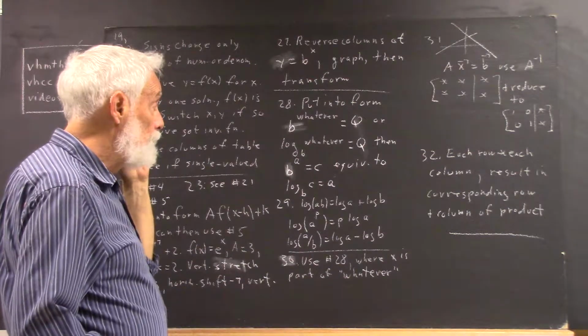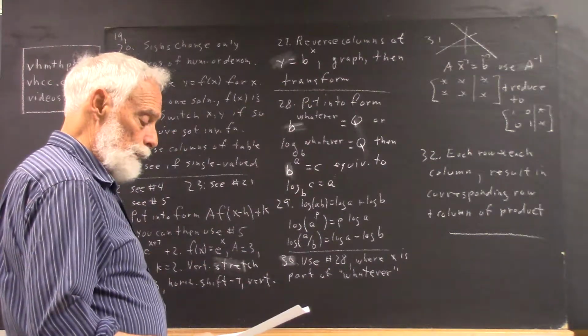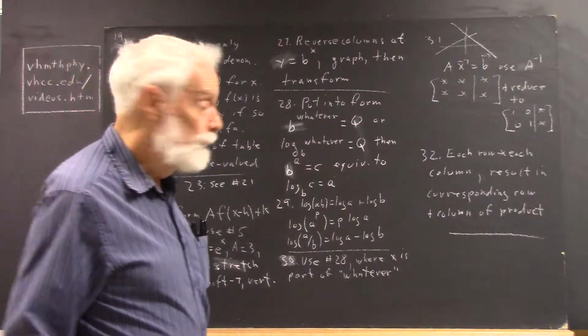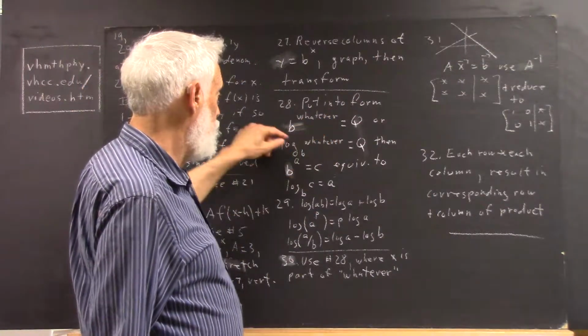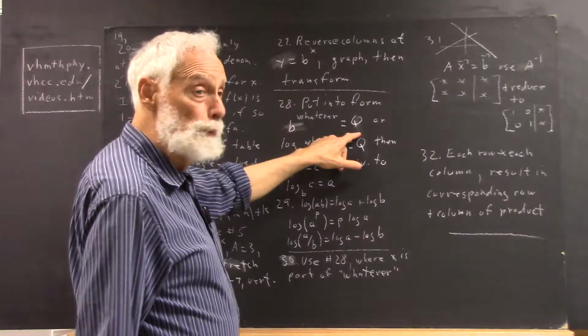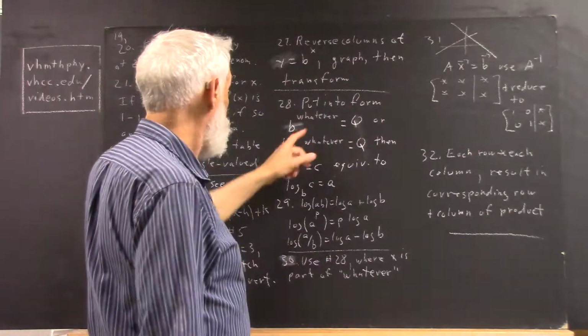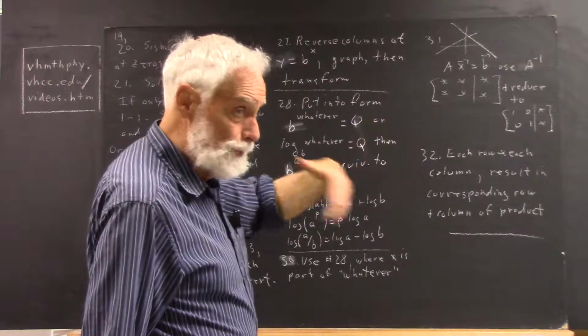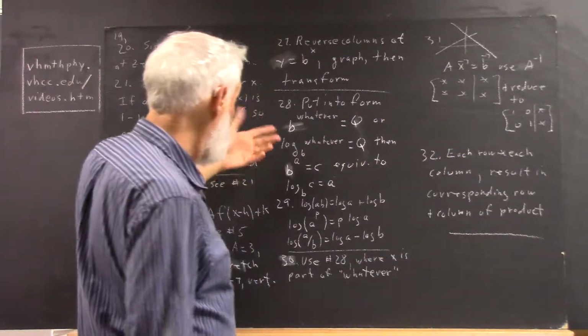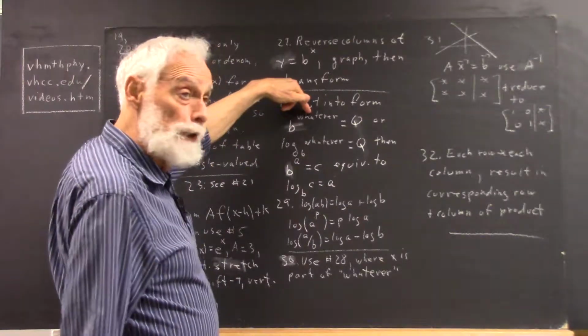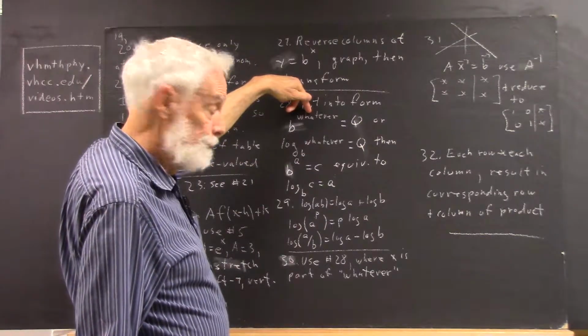To convert an exponential equation to a logarithmic equation or vice versa, if it's an exponential function, you want to put it into the form b to the whatever equals q. And whatever can be some expression involving, let's say, x. And you want to solve for x, but it's up here in the exponent and you can't get to it.